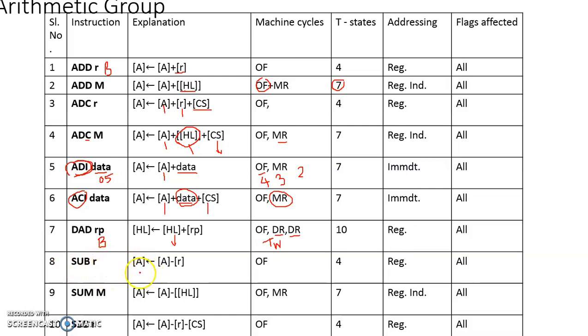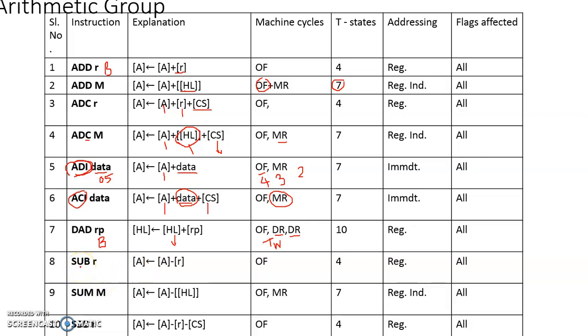This asks the processor to subtract the content of the register whose symbol is mentioned from the content of the accumulator and place the result in the accumulator. So in this case, the content of the register will be subtracted from the content of the accumulator and the result will be placed in the accumulator.